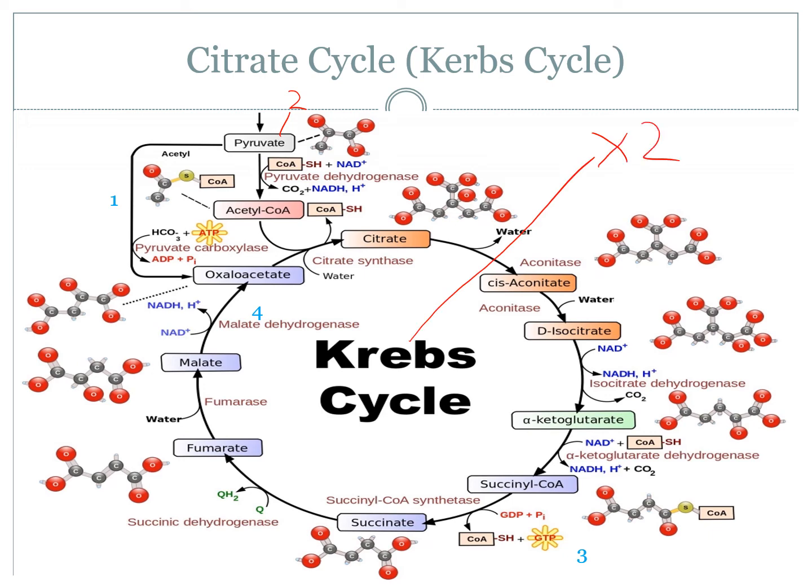An easy way to look at this chart is to focus on the carbon molecules themselves. Glucose, as I mentioned at the start, has 6 carbon molecules, and then it becomes pyruvate, which has 3. When it's oxidized and becomes acetyl coenzyme A, it loses one of its carbons, and that gets released as CO2.